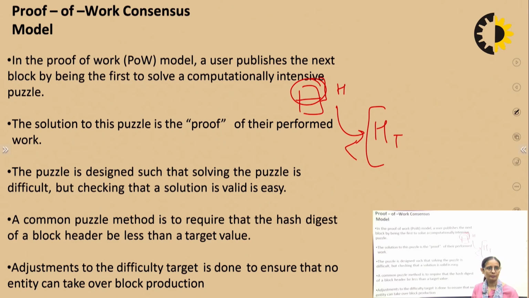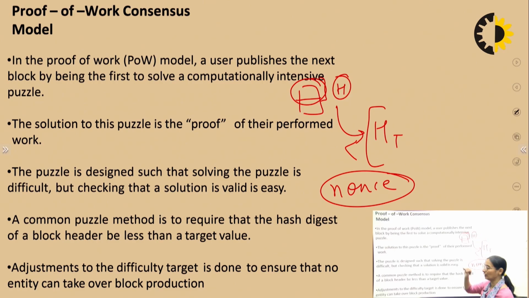Now, we are aware that the header block information is fixed, but there is a field through which we play the game, and that field is the nonce field. We find the hash value of this and we continuously change this nonce value. Whenever we change the nonce value, we get different hash values.